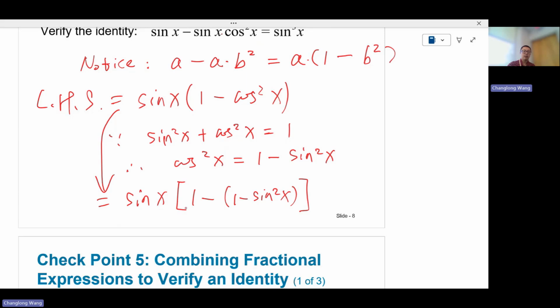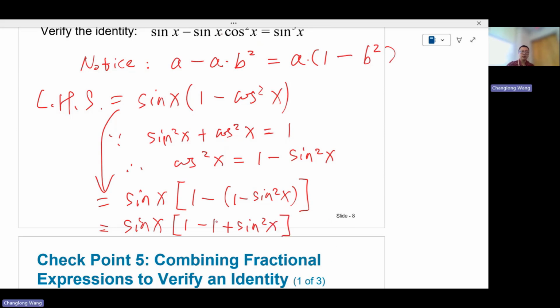There's a preceding negative sign, so you lose the parentheses, but you have to flip the signs in front of every single term. So the first term was a 1, but it becomes negative 1. And that second term was negative sine square, but it flips the sign to become positive sine squared x.